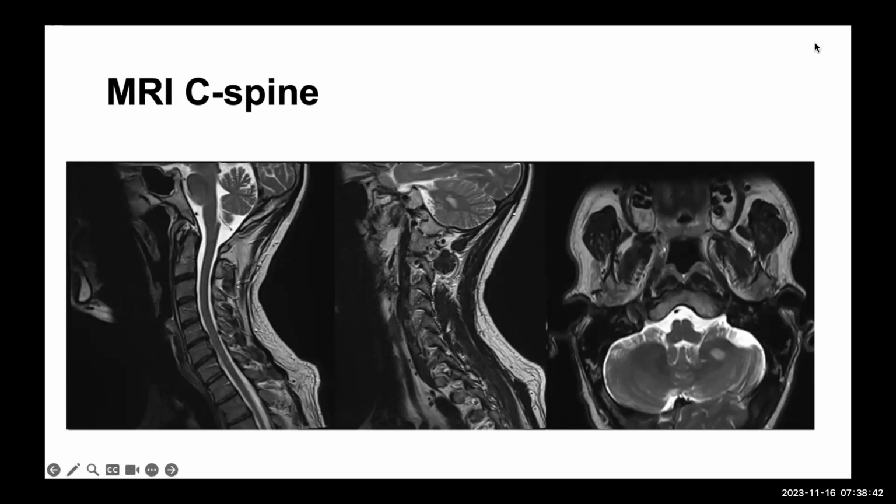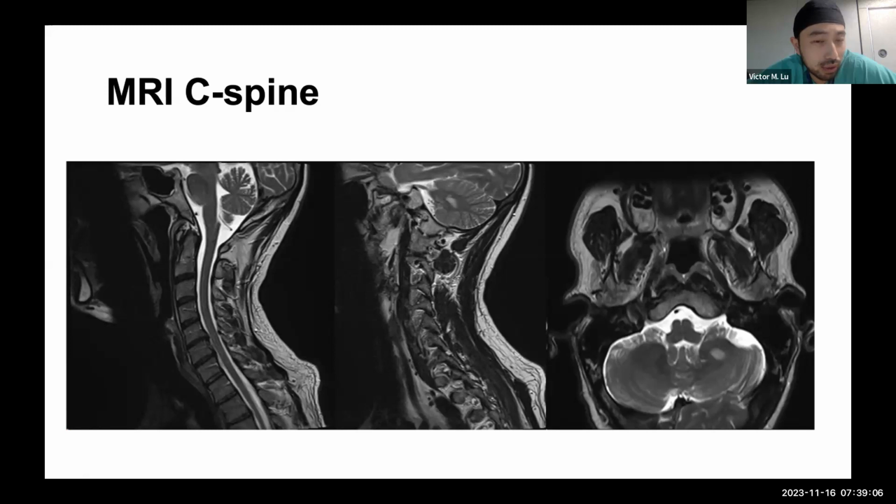So the middle image, I see a well circumscribed lesion. It's posterior to maybe C3, I can't really tell, the spinous process. I do see on the T2, 2 sequences, correct?